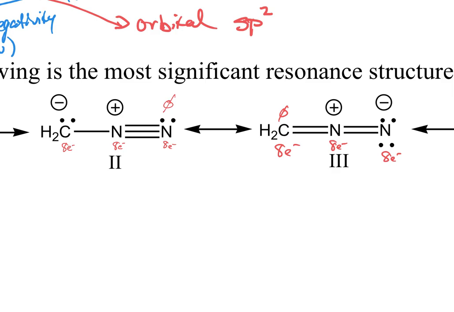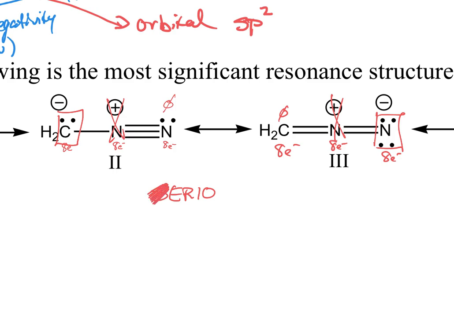So that is correct. Now, when comparing those, again, we can use SEREO. Size-wise, both, by the way, the nitrogens we don't need to worry about because they're the same. The positive charges are on the same atom. So now we're comparing the carbon that's negative versus the nitrogen.